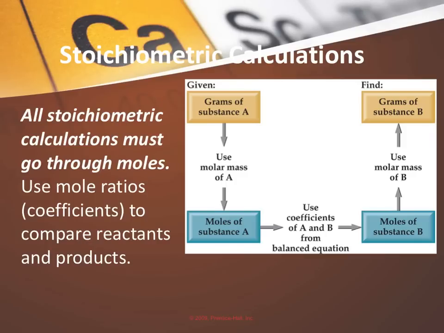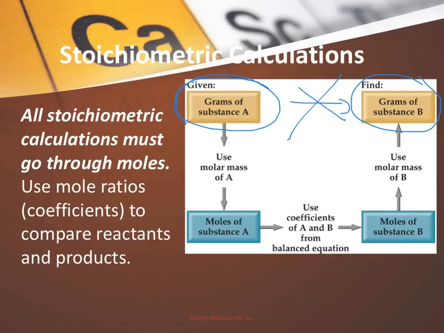I gave you a mole map when we were doing mole calculations, grams to moles, molecules to moles. Here's a stoichiometric map. And basically what I want to emphasize here is if you are given in a problem the grams of one substance, usually a reactant, but it doesn't have to be, and you're asked to find the grams of a different substance, you cannot go directly from grams of one substance to grams of another.